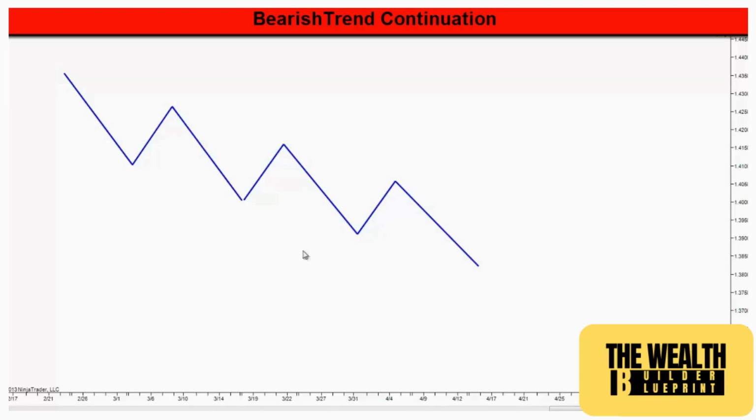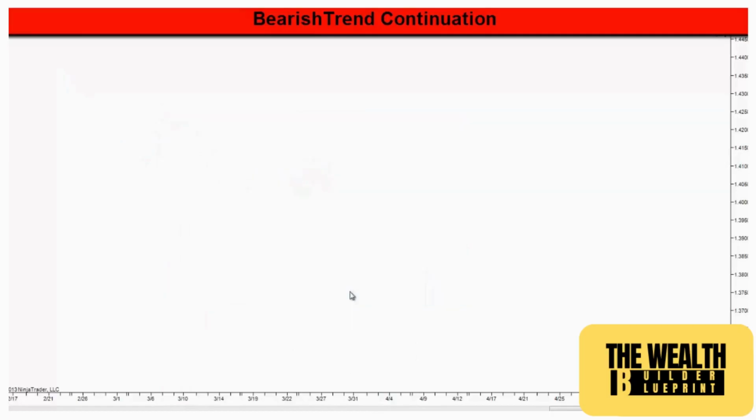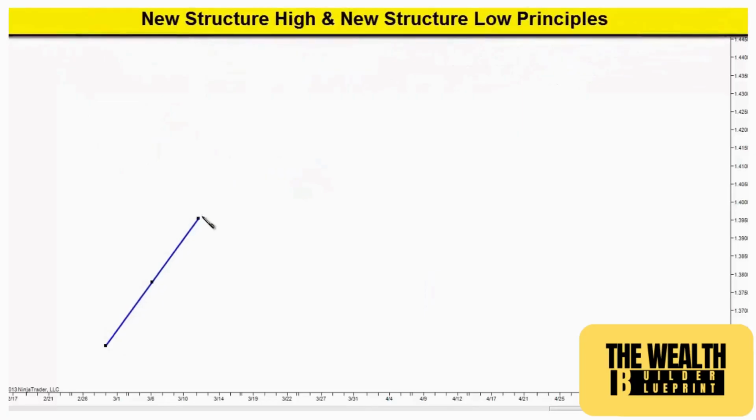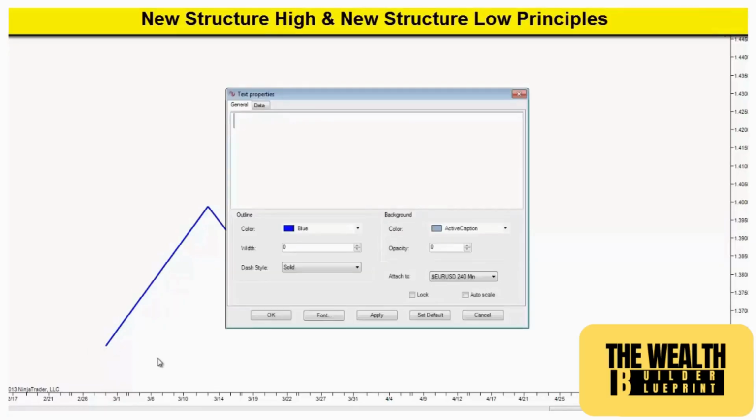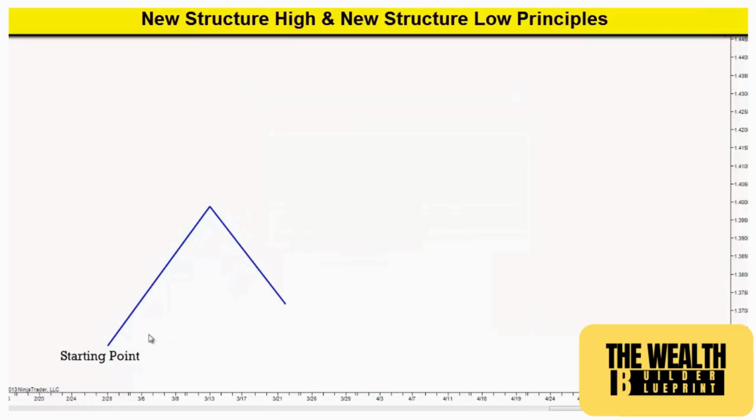Now, the key point to identifying the trend is going to be that new structure high principle. Again, we'll start off with an initial move like this. We'll get an outside return. So we'll call this our starting point. After our starting point, and your starting point could be anywhere in the chart.